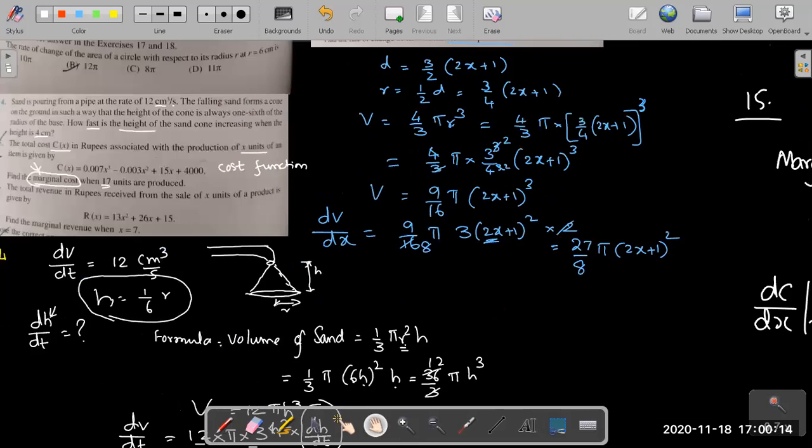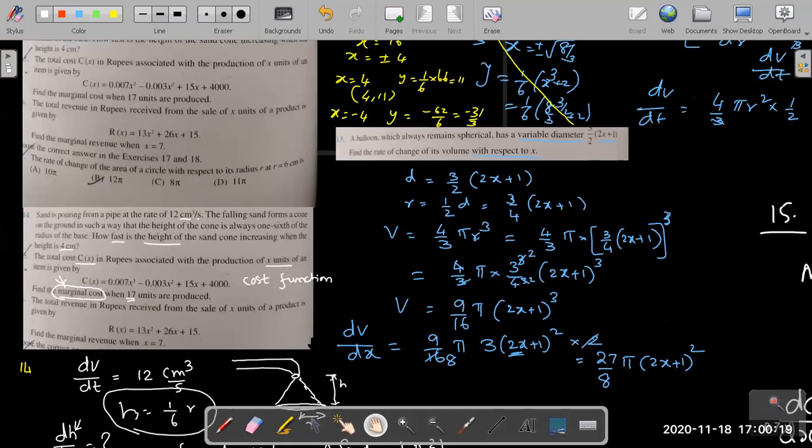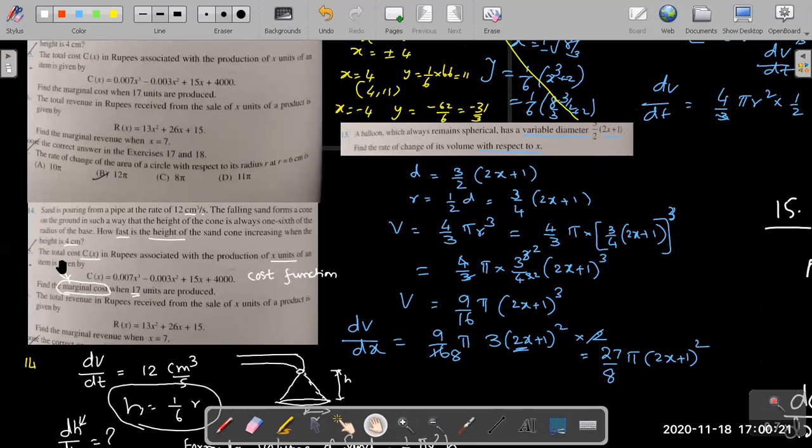The 16th question is the total revenue in rupees received from the sale of x units. R of x is given, very much the same. We have to differentiate the R function, so we have to find dr by dx, then substitute x equal to 7.